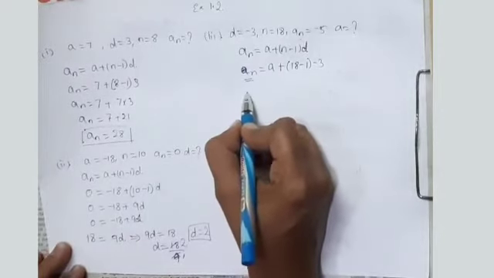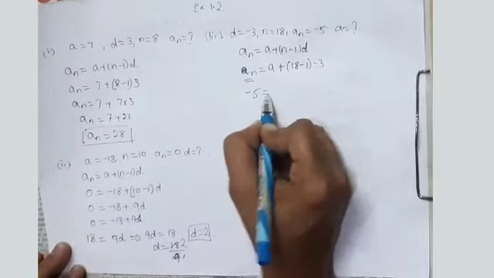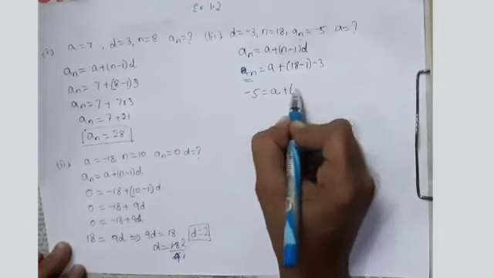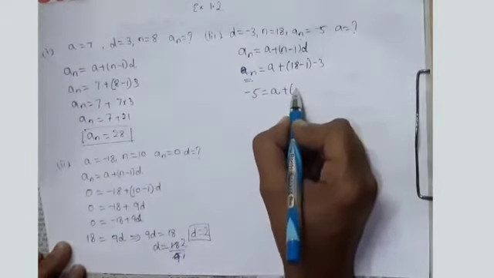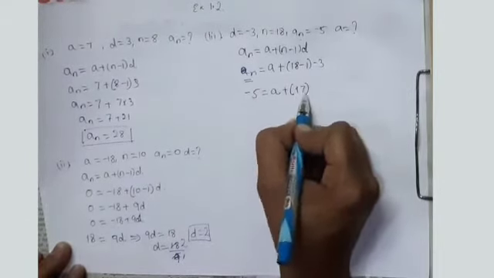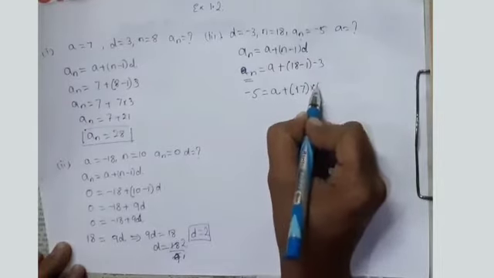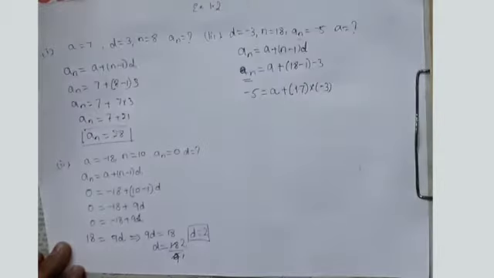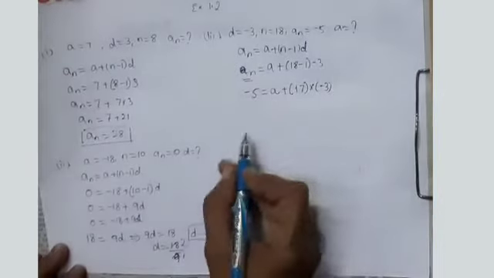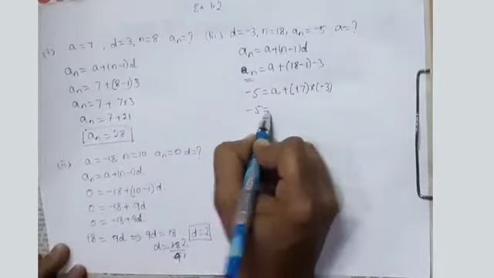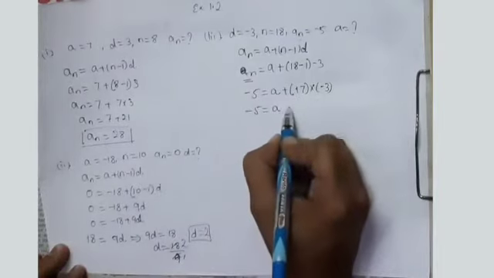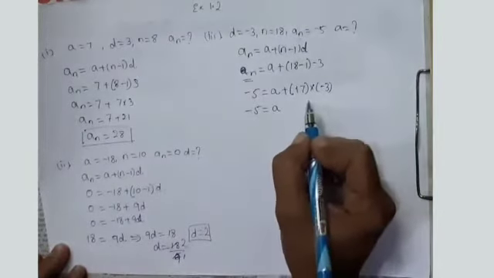Let me substitute it: minus 5 is equal to A plus (18 minus 1) into minus 3. What is 18 minus 1? 18 minus 1 is 17. 17 into minus 3. What is 17 threes? 17 threes is 51.